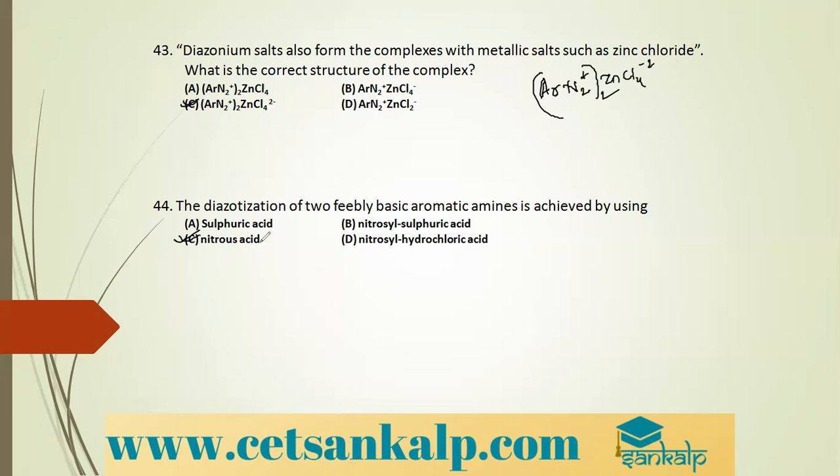This nitrous acid being very unstable, instead we use a NaNO2 plus HCl mixture, which reacts during the reaction to form nitrous acid. Such reactions, where highly unstable compounds are prepared during the course of reaction using different reagents, are called in situ reactions.